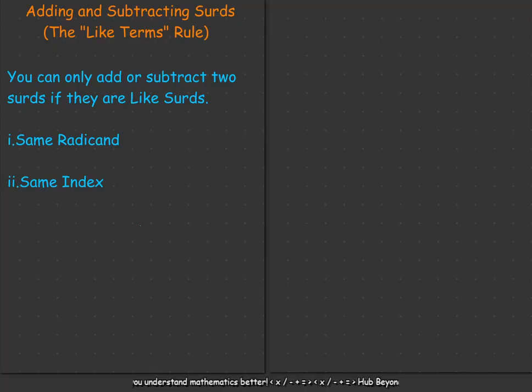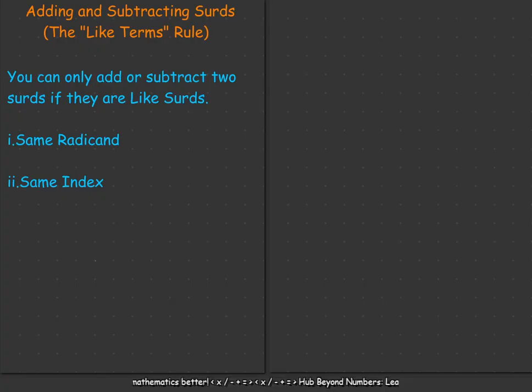Now, there are just two rules that govern addition and subtraction of surds. The rules state that you can only add or subtract two surds if they are like surds. And by like surds, we mean they should be of the same radicand and also of the same index.